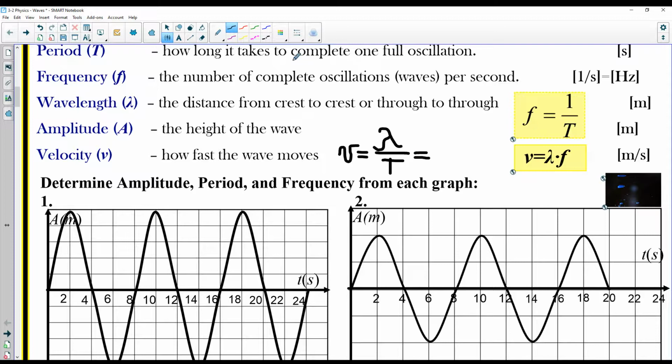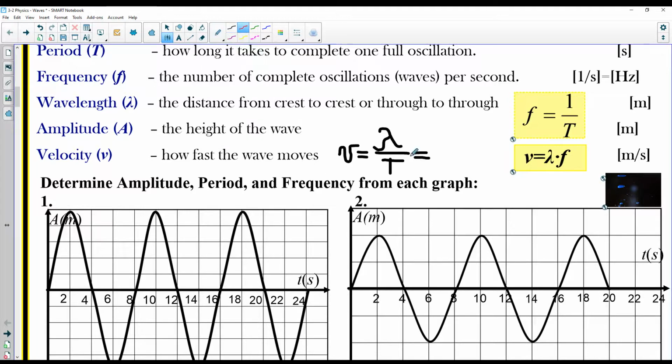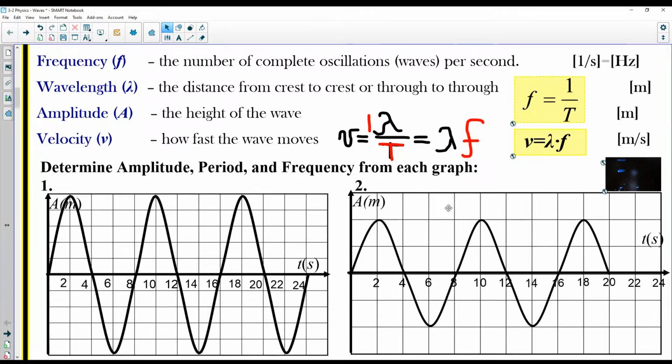So right here, 1 over T, I can rewrite as frequency. And lambda is still right here. So my velocity is equal to lambda over T, meters per second, or lambda times the frequency. So there are two ways to calculate the velocity: lambda over T or lambda times the frequency.